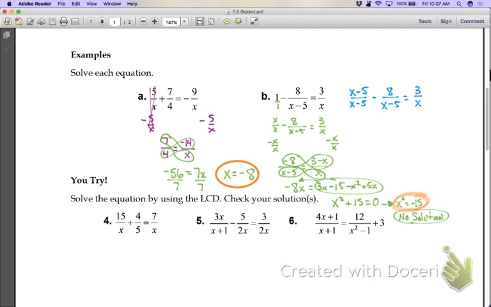So if we go x minus 5 over x minus 5 minus 8 over x minus 5 equal to 3 over x, I have x minus 5 in the denominator and x minus 13 on top, and then 3 over x.